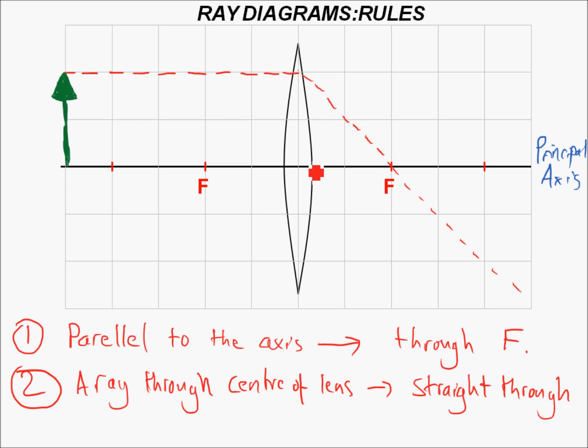So this is the point I'm talking about here, the very center of the lens. So an object from here moving in a straight line through the center of this lens will continue to move in a straight line. So forgive me here, I'm doing this without a ruler, this is freehand. Straight here goes straight through.